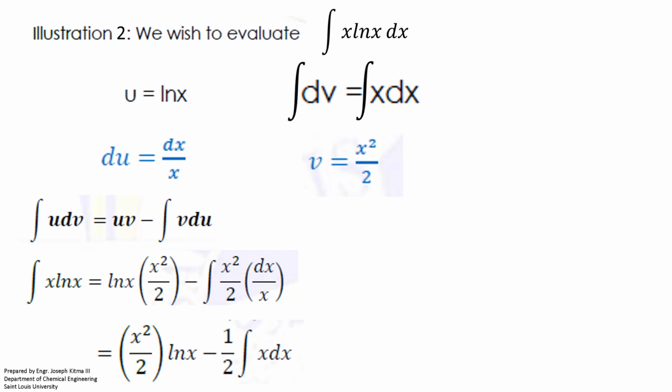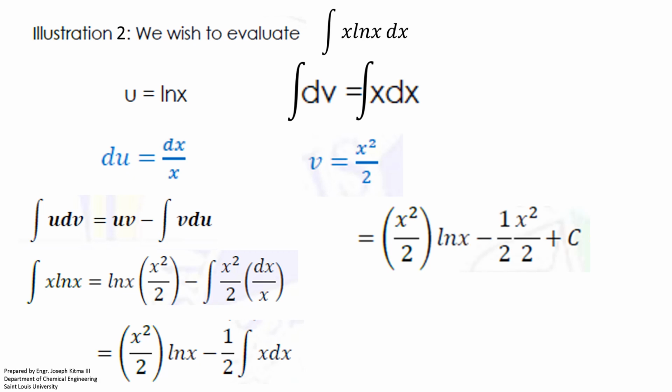Take note, there's no need to simplify or integrate that because it is already an algebraic function. And for the second term, we bring out the constant, which is negative 1/2. That is now placed before the integral sign. So what remains is simply the integral of x dx, which is integrable by the general power formula.